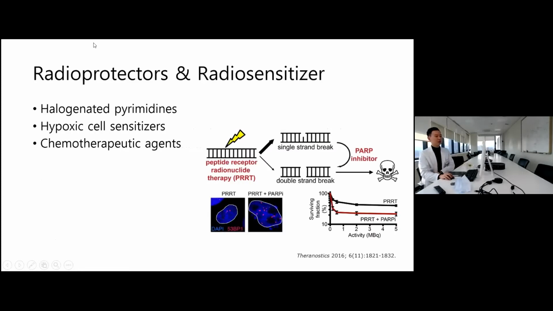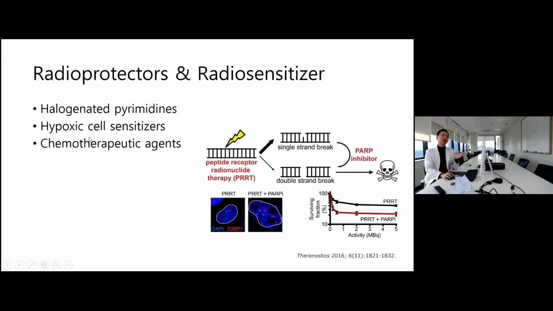And there are also materials which can enhance such a radiation effect, which are the radiosensitizers. Known sensitizers are halogenated pyrimidines, hypoxic cell sensitizers, and chemotherapeutic agents.